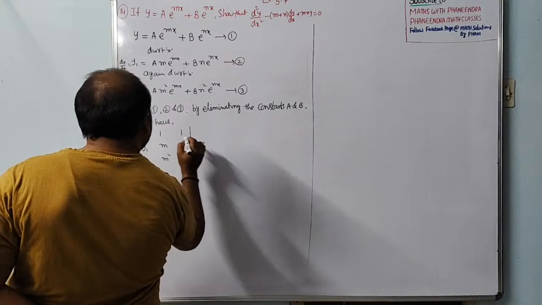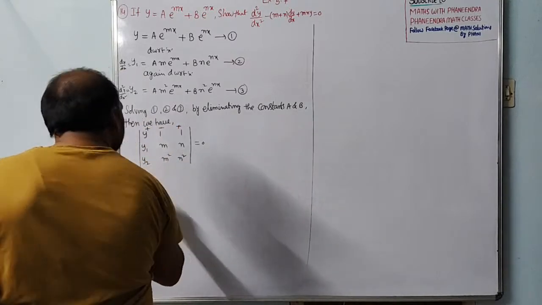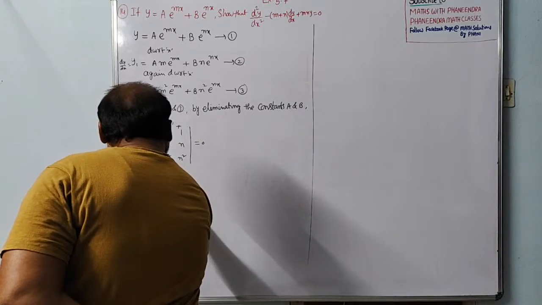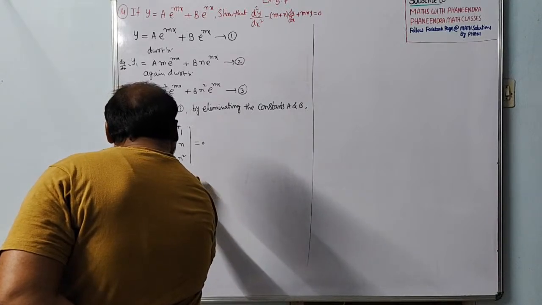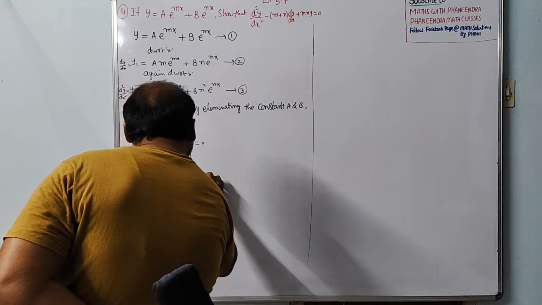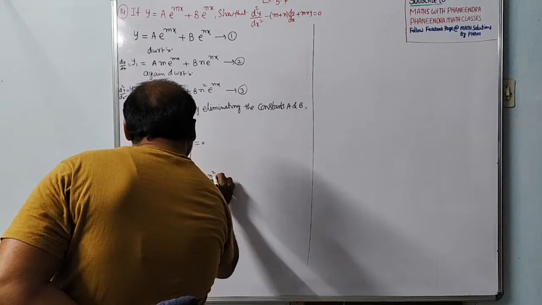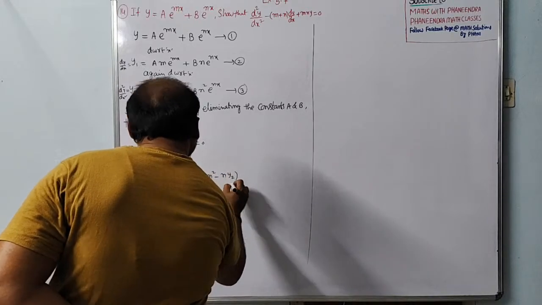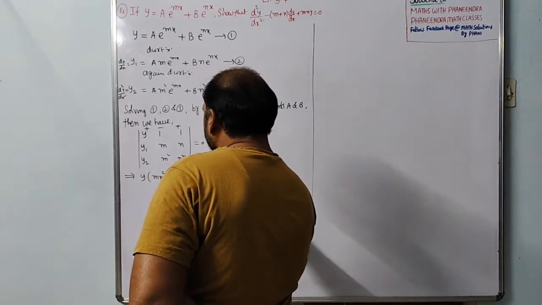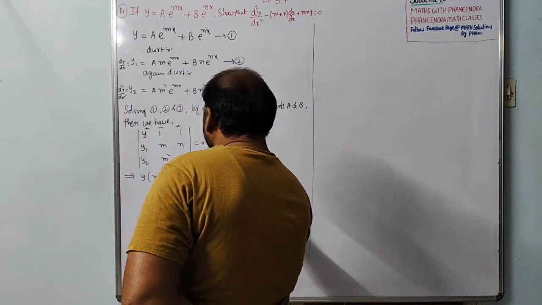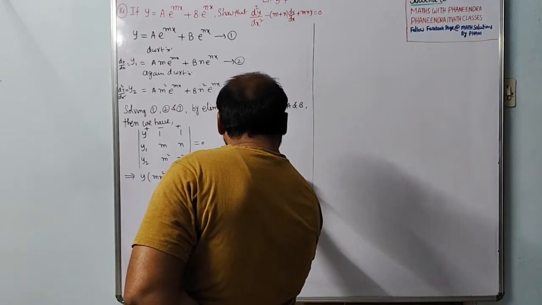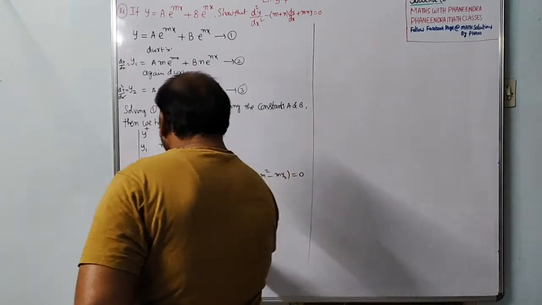So expand; you know the plus minus plus how to expand? y into mn square minus nm square, minus 1 into y1 n square minus n y2, plus 1 into y1 m square minus m y2 is equal to 0.